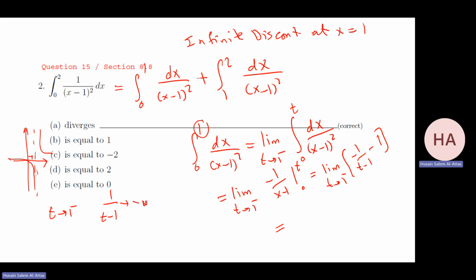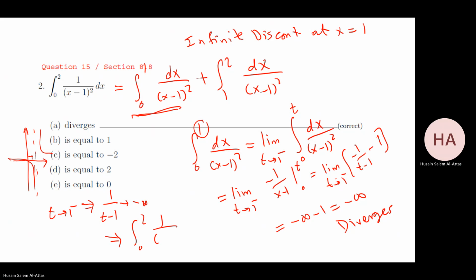So it's minus infinity, minus 1, that will be minus infinity. So it diverges at the end. Who cares? If this diverges, then that implies all of this integral diverges. No need to check the other one. So the answer is diverges.